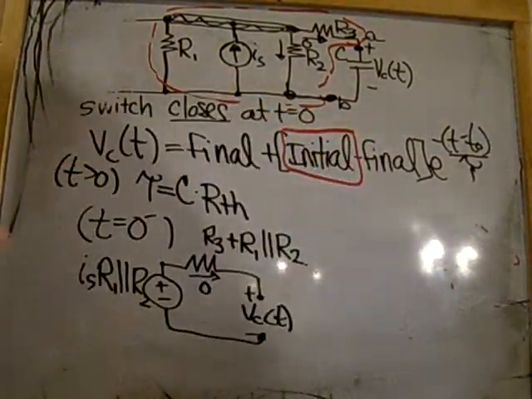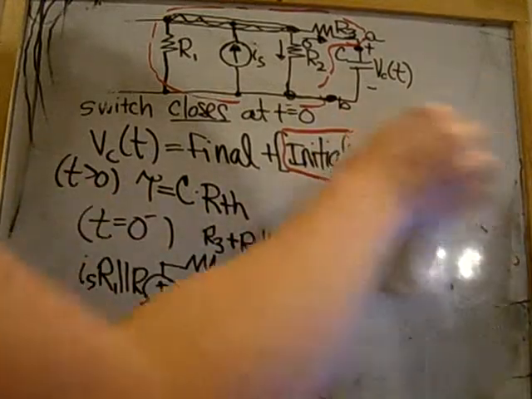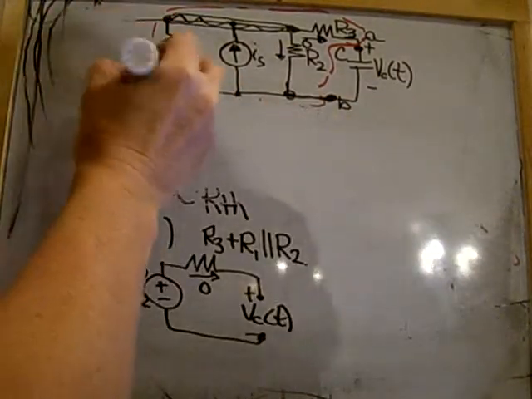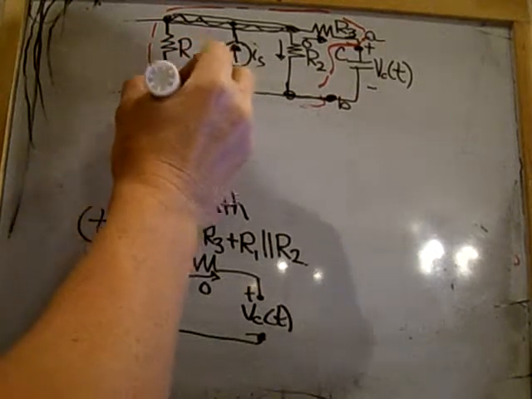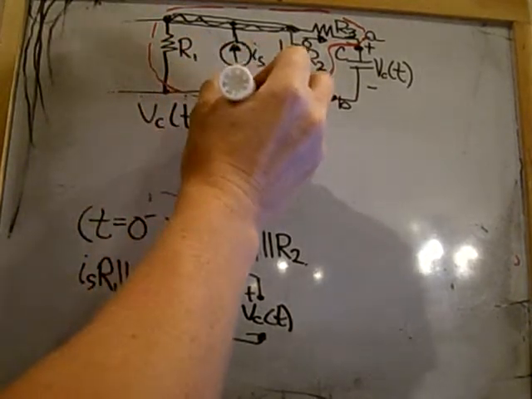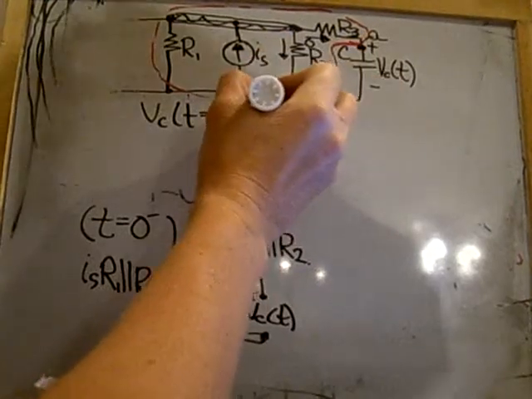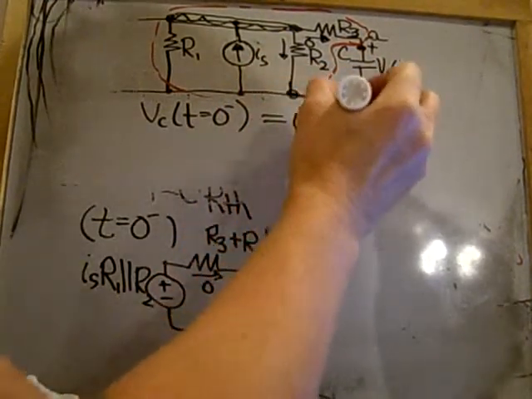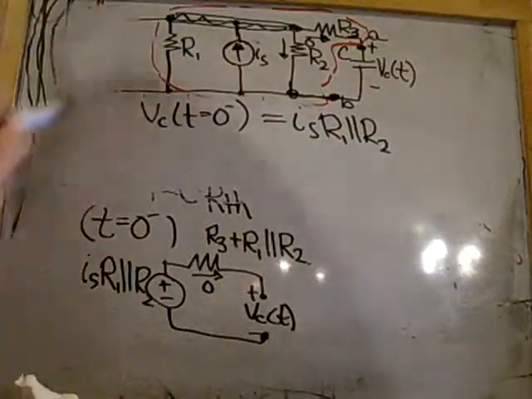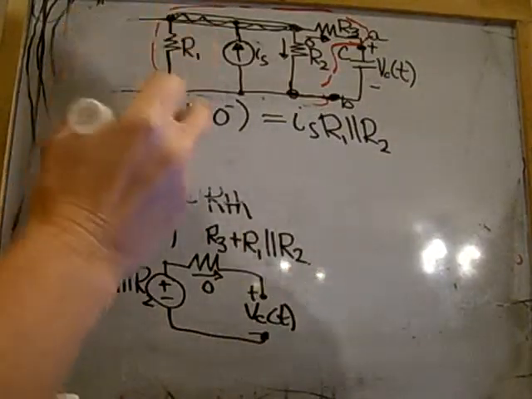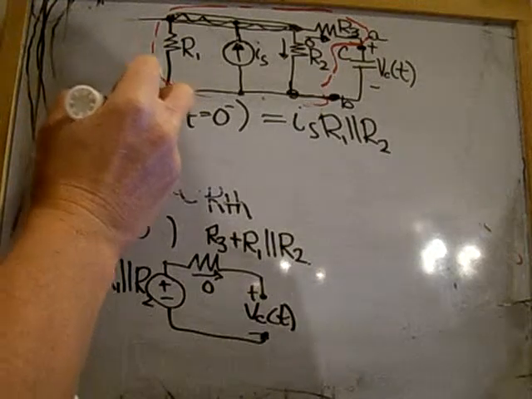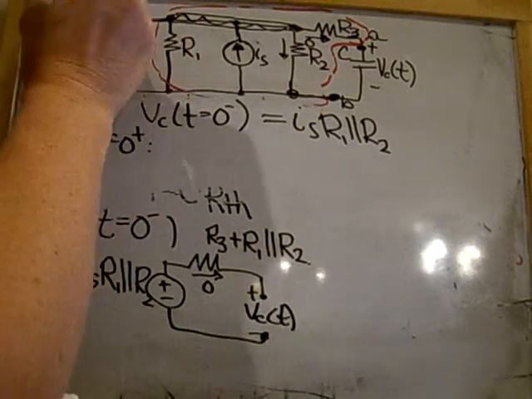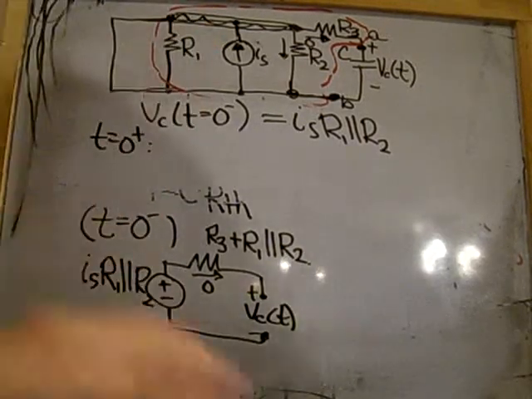At 0 plus, so at 0 minus, the value was IS R1 in parallel with R2. So now at t equals 0 plus, this becomes a short.